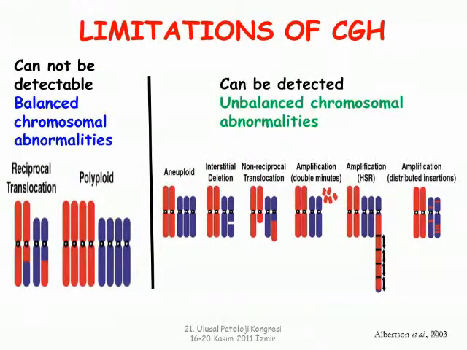It is a very powerful technique, but there are some limitations. For example, balanced chromosomal abnormalities such as reciprocal translocation or polyploidy cannot be detected by this technique. But if the abnormalities are unbalanced, then you can easily detect them by CGH or array CGH.